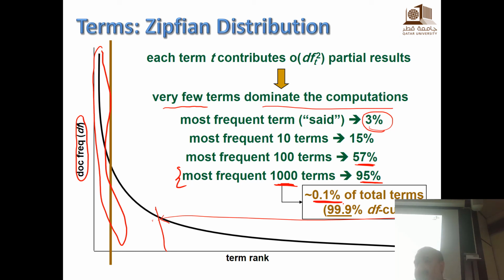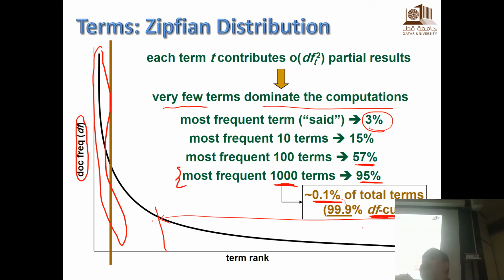And if we filter out these terms, we call that DF cut, because we will filter based on the document frequency. So we'll cut out some percentage of the terms. If we cut out 0.1%, then this is 99.9% DF cut.